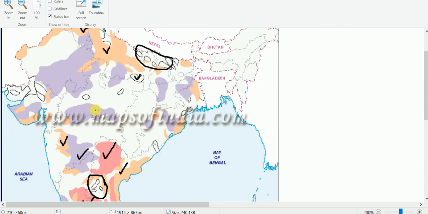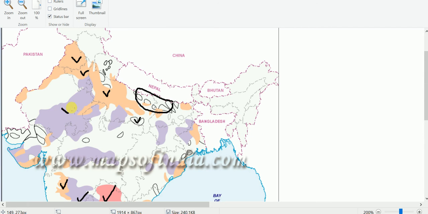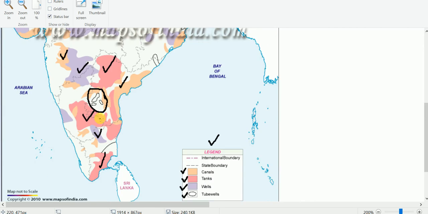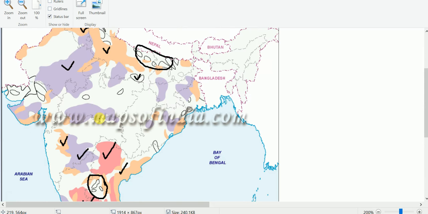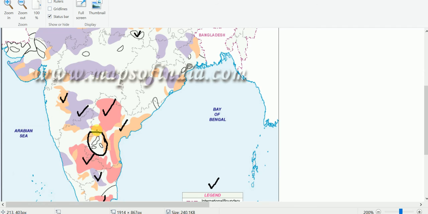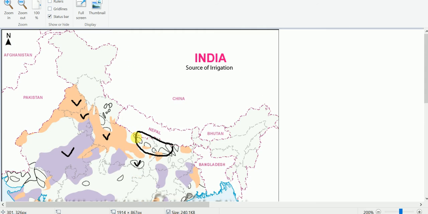Then here in Rajasthan and the other northwestern parts we find well irrigation also. But you will find that tank irrigation is mainly done in peninsular India.